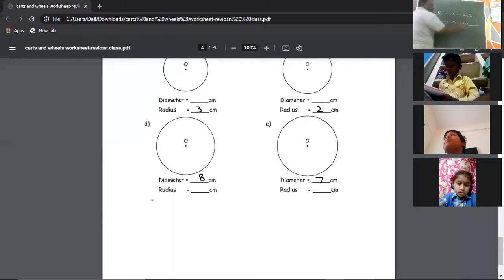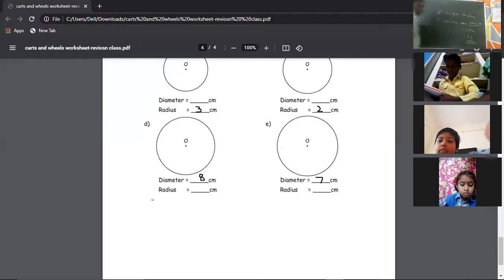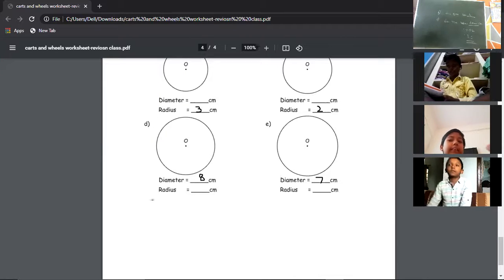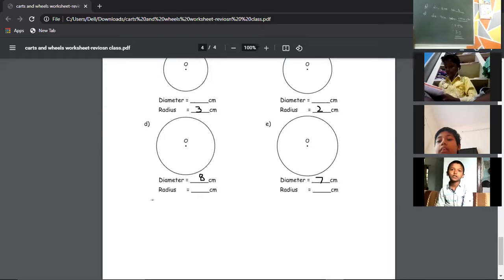Diameter is 7. Radius. Diameter is equal to 7 centimeters.